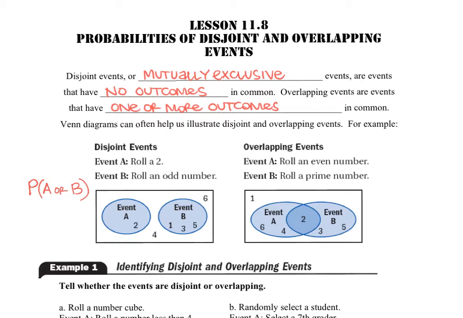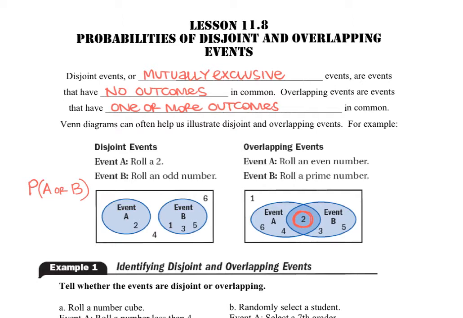Whereas if you look at the next example, where event A is rolling an even number and event B is rolling a prime number, we see that they do have an overlapping outcome. And the Venn diagrams help you here. Because 2 is both an even number and a prime number, it would be an outcome that would fall into both events.